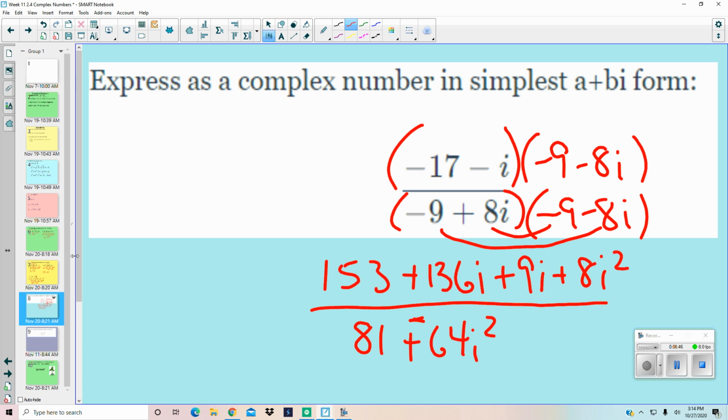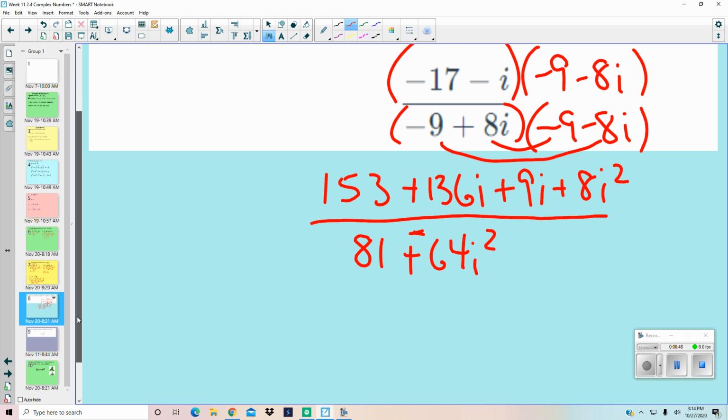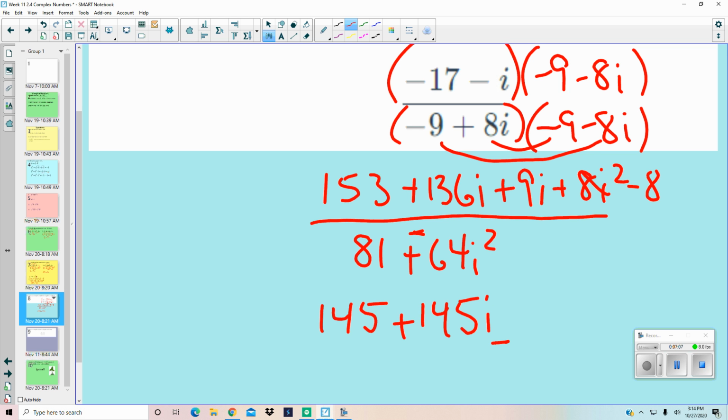So now, on the top, this is going to become a negative 8. So 153 minus 8, which is 145. And then 136 plus 9 is 145. And then the bottom is 81.